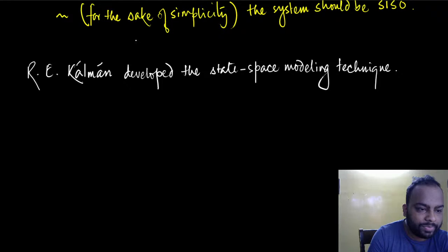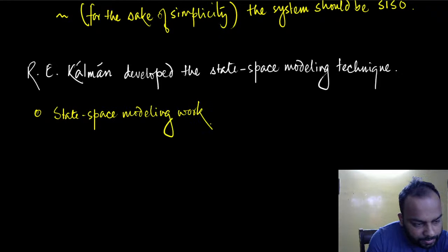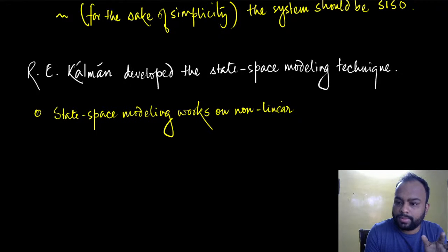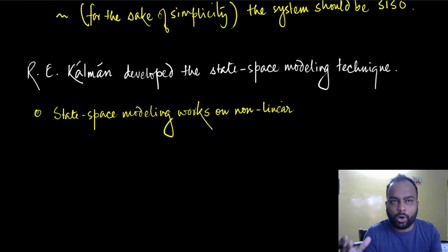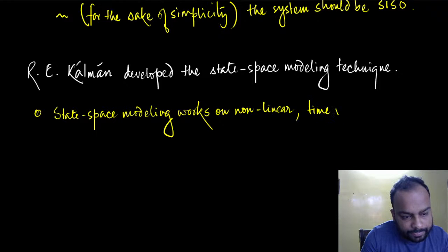So the state space technique, let me just write it down here. State space modeling works on nonlinear systems. Of course, if it works on nonlinear systems, it is also going to work for linear systems, right? If I develop a mathematical model that works on nonlinear systems, it will also work for linear systems, obvious.